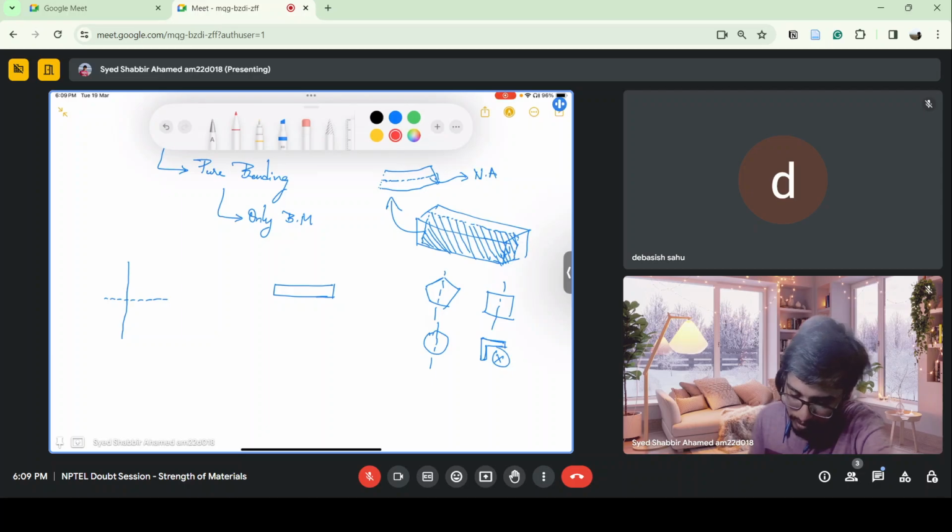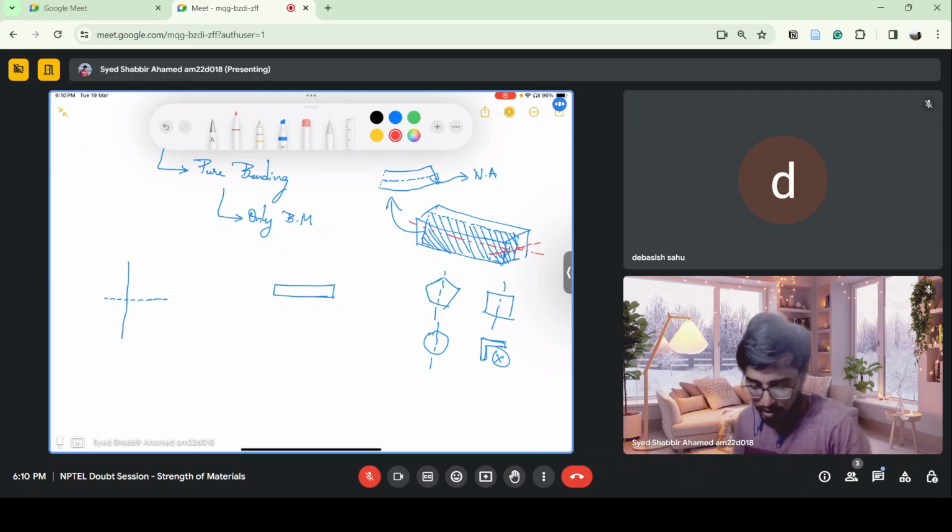This is the neutral axis, let's say, and the neutral axis here is also coinciding with the centroidal axis.